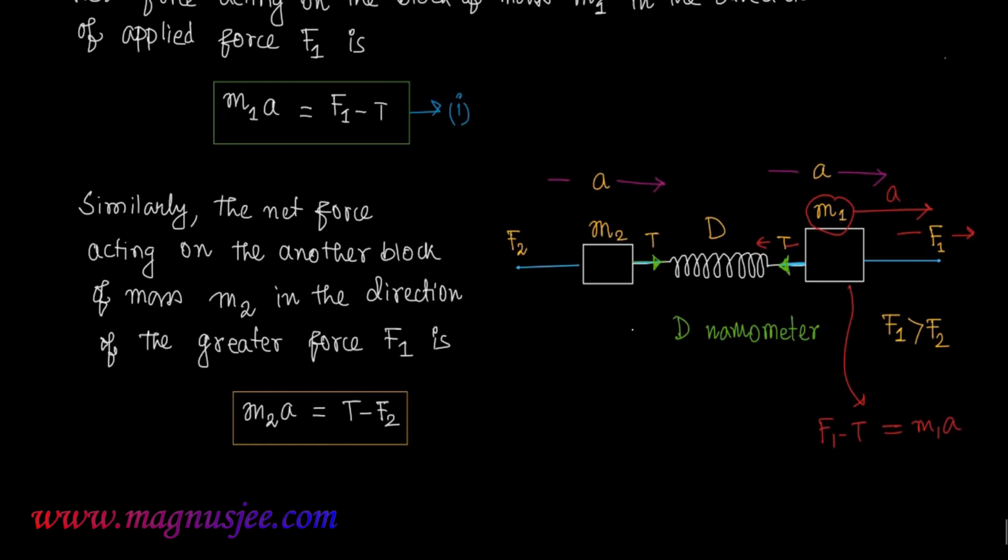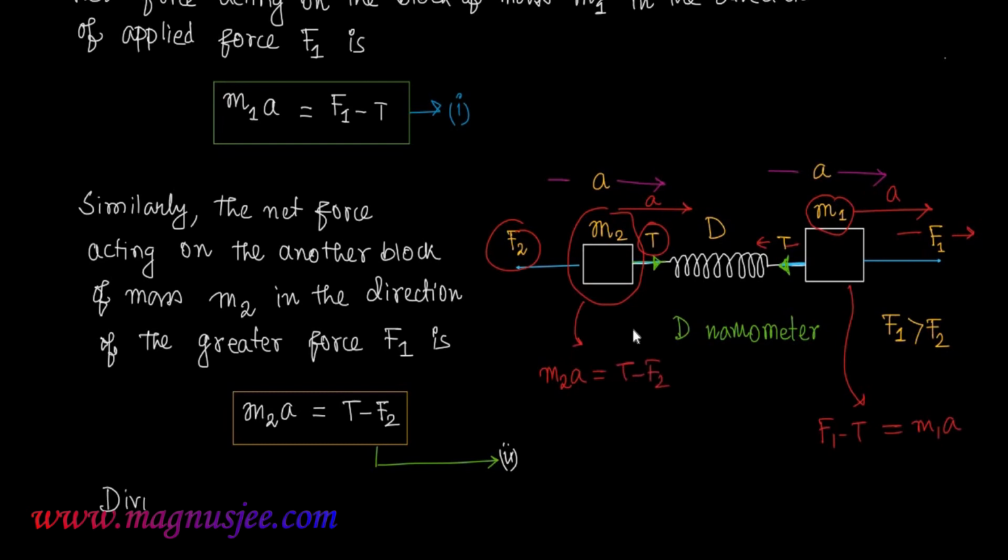Here T and F2 are the two forces experienced by the second block of mass M2. M2 will be moving with acceleration A, so the net force acting on M2 is M2A, which is equal to T minus F2.